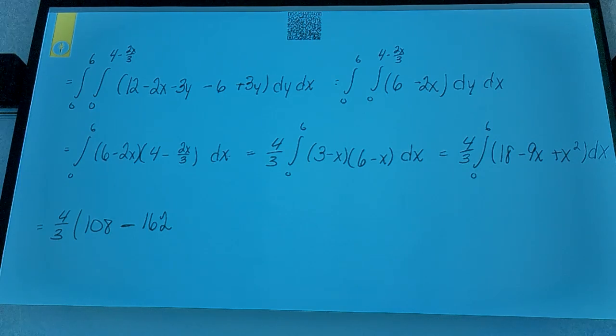Six cubed is 2 cubed times 3 cubed divided by 3, so it's 2 cubed times 3 squared, 8 times 9, 72. 180 minus 162, 18. Outward flux is 24.